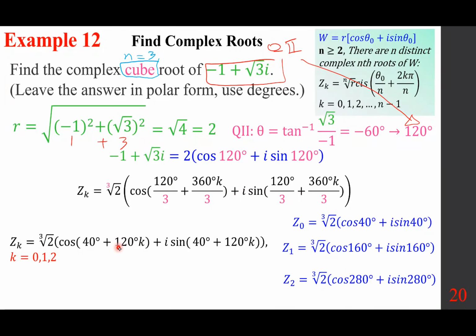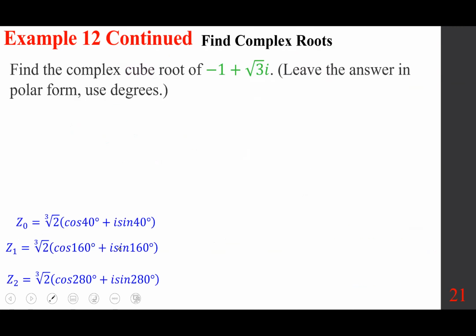Again, I want to quickly show you the graph on that. So we came up with z sub 0 is cube root of 2 cosine of 40 plus i sine 40, all the way to the end.